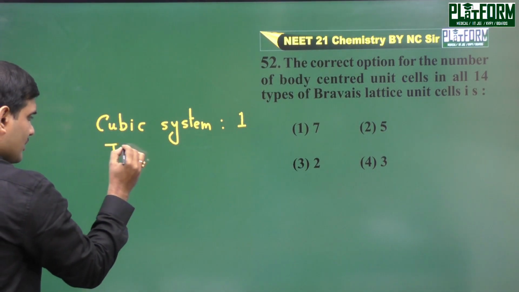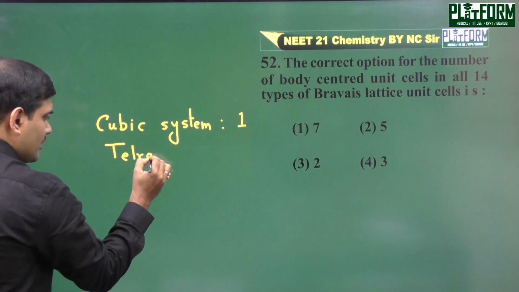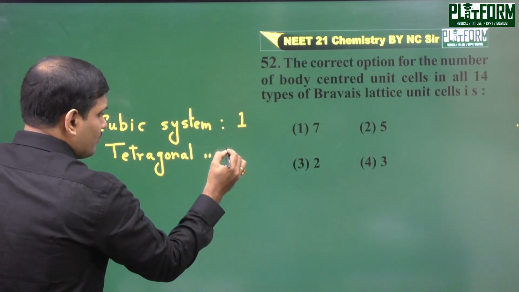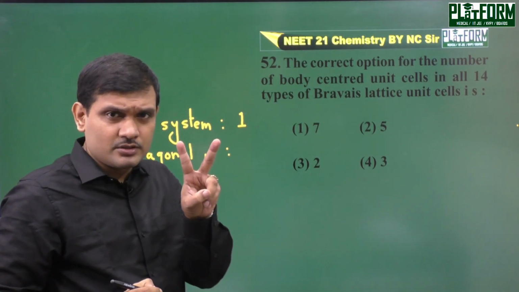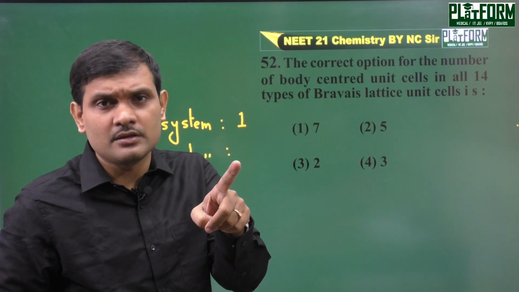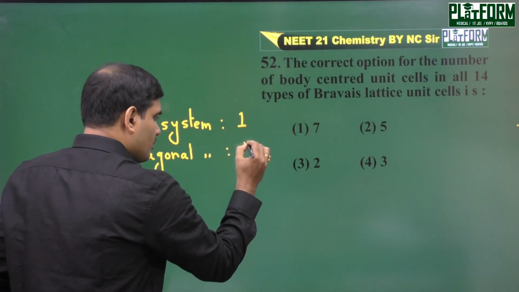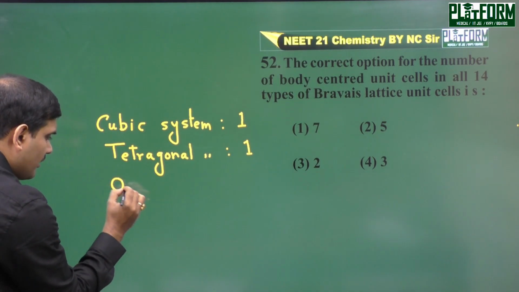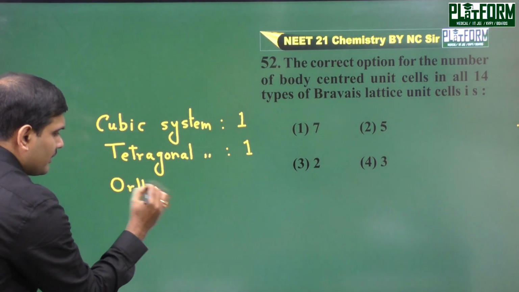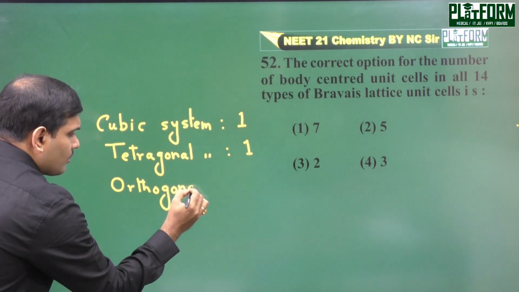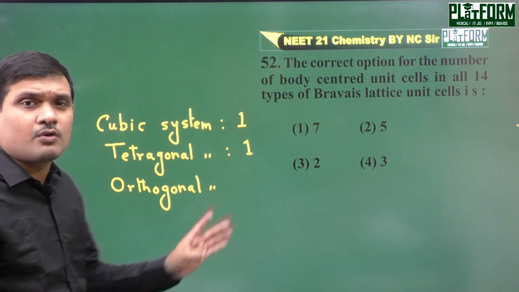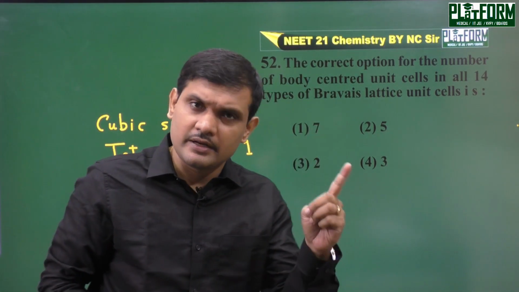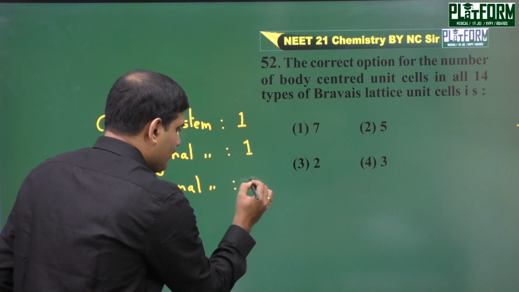Then we have tetragonal, which has two Bravais lattices, simple and body centered, so it also has a body centered one. Next we have orthorhombic, which has all four Bravais lattices: simple, body centered, face centered, and end centered. So that also has one.